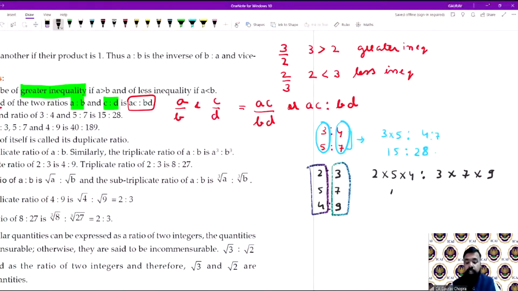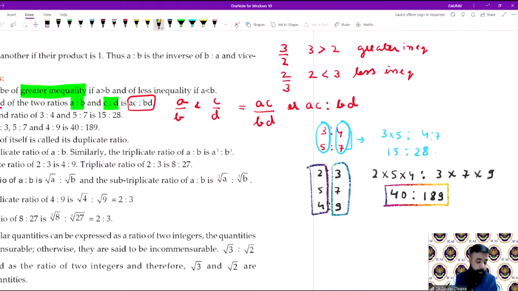So on multiplying, we are getting 40 as the first term, and 3 into 7 is 21, 21 multiplied by 9 is 189. So this becomes the compound ratio. In this manner, we can easily calculate the compounded ratio. So in short, multiply all the antecedents, multiply all the consequents, and find out the ratio.